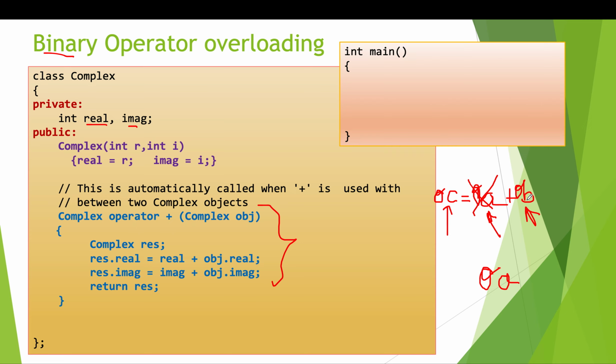Object B is again the input to the function. So we will pass object B as the input to the function. Object B we have passed as input to the function, so we are done with object B also. Now object C. Object C is the output. So what is the function's output? You express the function's output in terms of the return type.